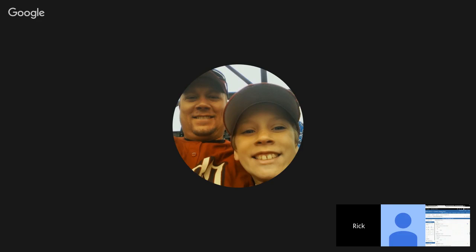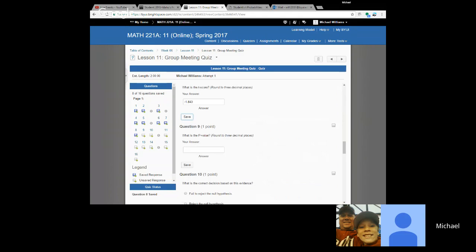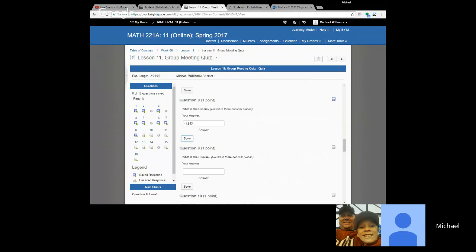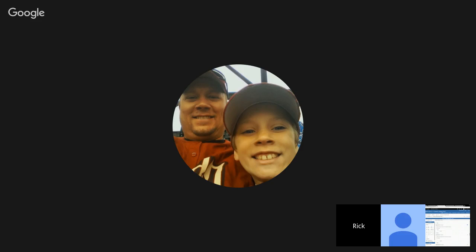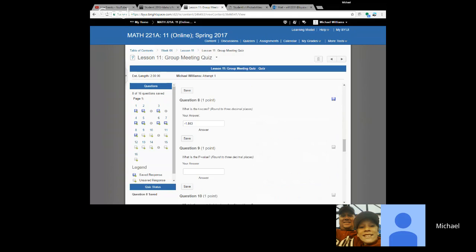Now we have to open up the thing to get the p-value. The p-value is going to be the shaded area in the middle. Am I in the wrong thing here for the template?